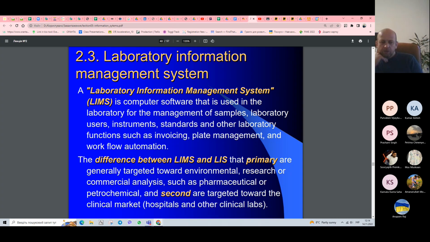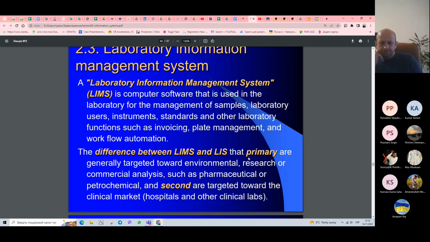The difference between a laboratory information management system and a laboratory information system is that the former is generally targeted toward environmental, research, or commercial analysis, such as pharmaceutical or petrochemical, and the latter is targeted toward the clinical market, hospitals, and other clinical labs.